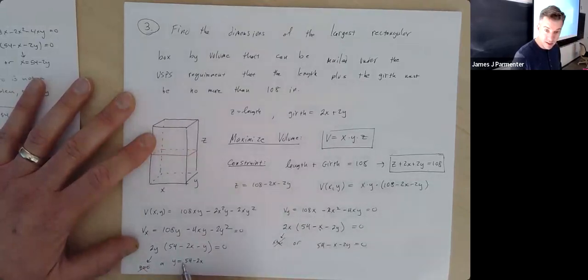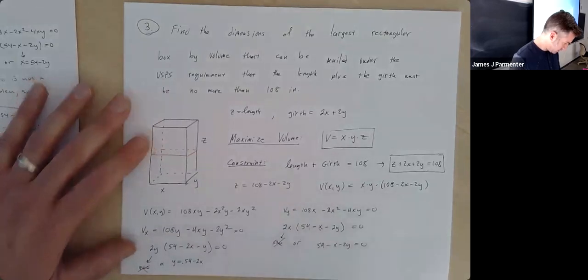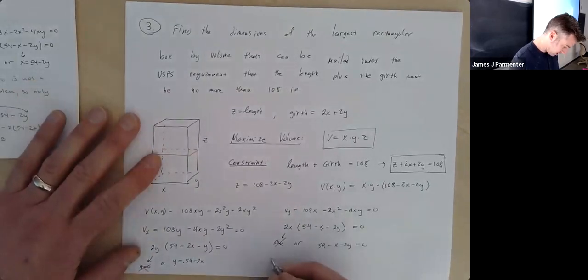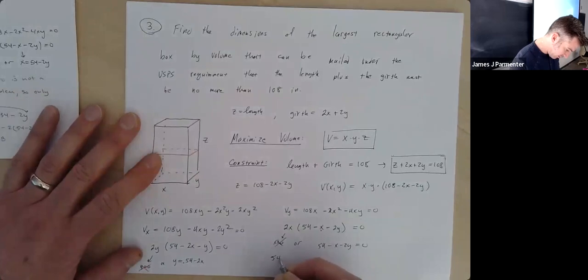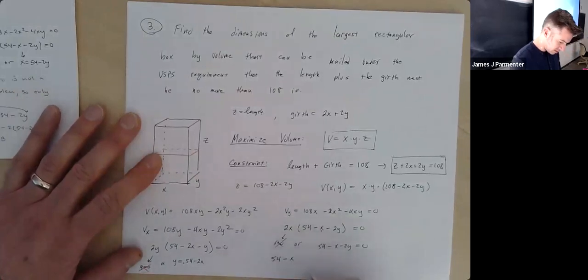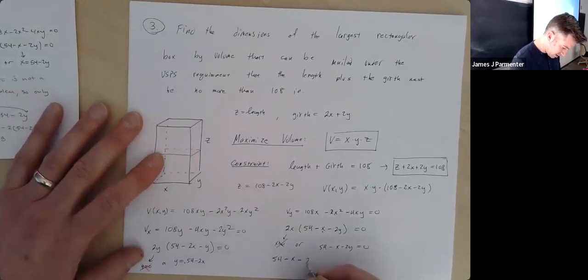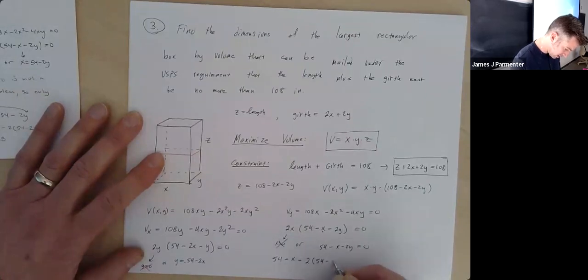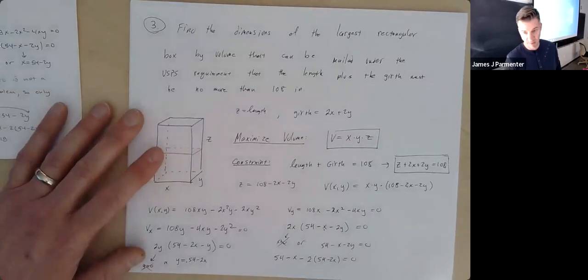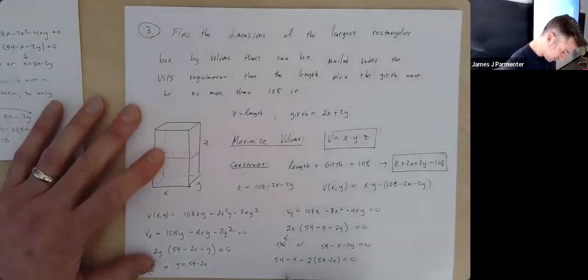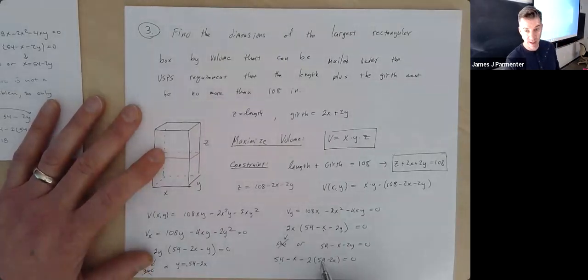And then plug in this y over here. So then we're going to have, and it might get a little bit messy here, 54 minus x minus 2 times 54 minus 2x equal to 0. Simplifying this out, 54 minus 2 times 54, which is minus 108, gives negative 54.